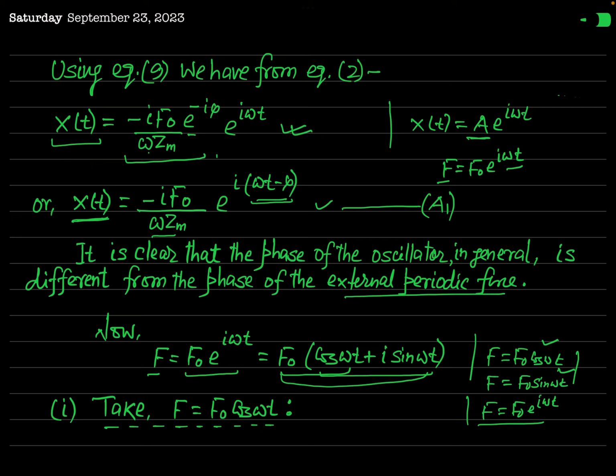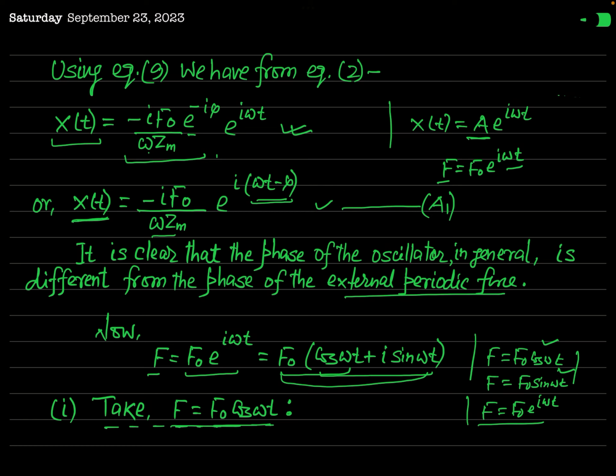But now for a clear-cut concept, let us take the real part of the applied force and see what type of motion will be executed by the oscillator when we take F equal to f naught cos omega t, and what will be the phase difference between the applied force and the oscillator.